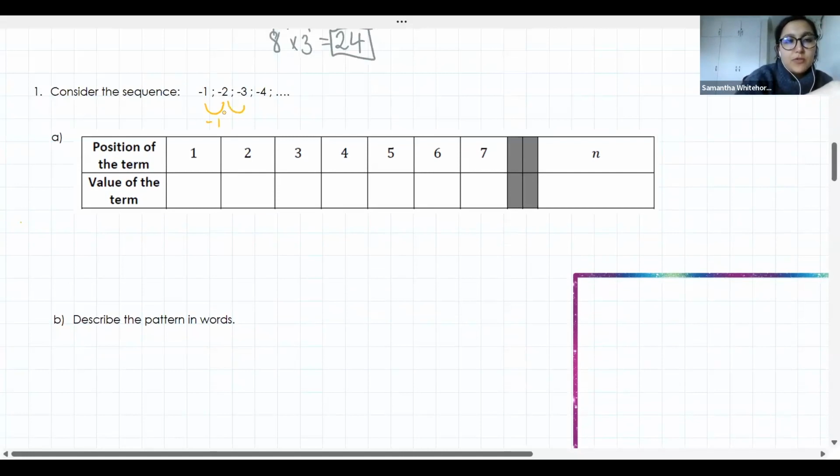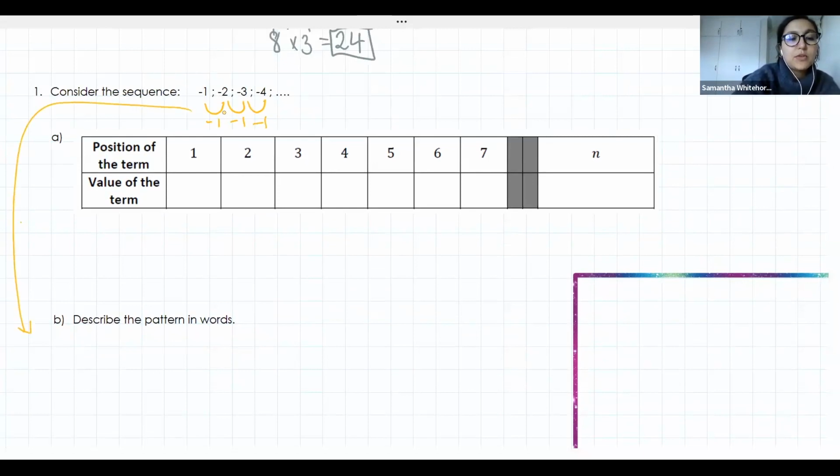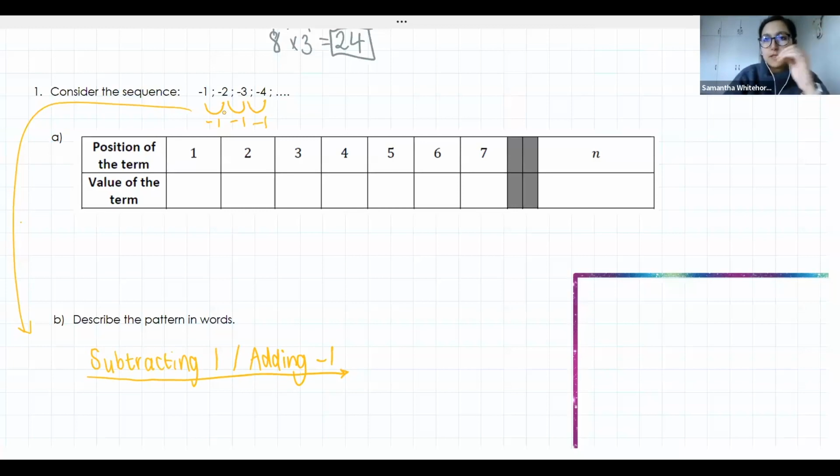If we go from -2 to -3, we subtract 1. -3 to -4, we subtract 1. So our pattern here, if we want to describe this whole thing in words, is that we are subtracting 1 each time. Again, we spoke about this on Monday. If you want to say you are adding -1, that is also absolutely fine. It means exactly the same thing, but you have described your pattern.